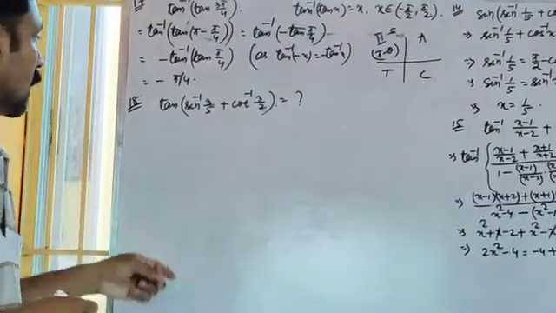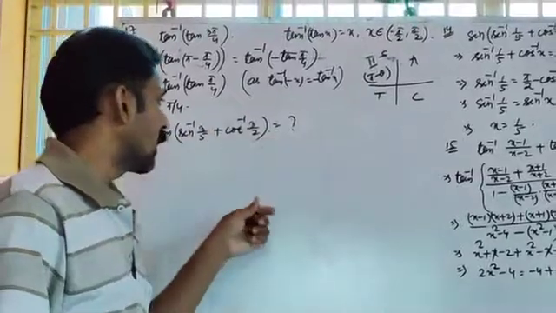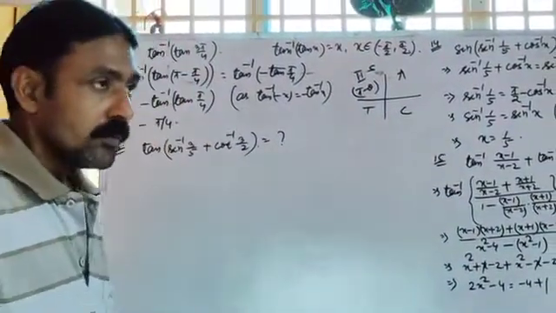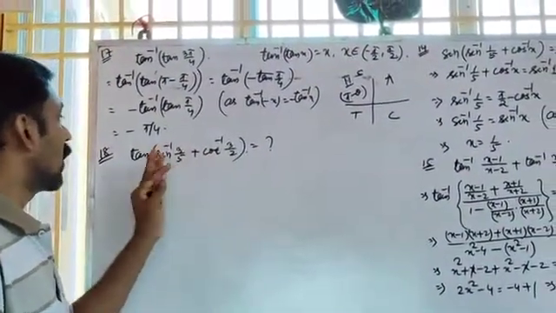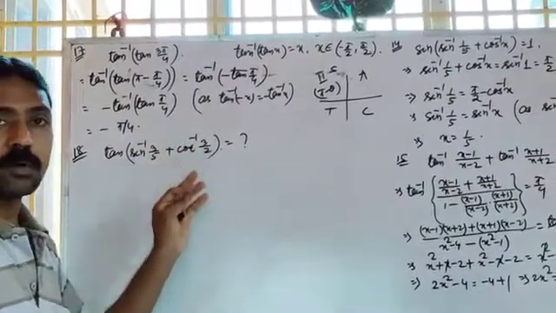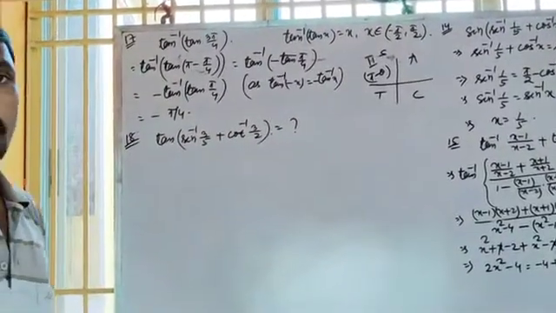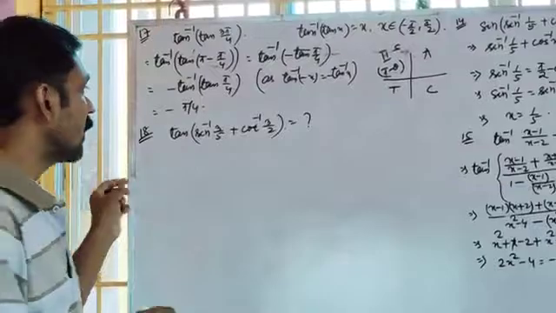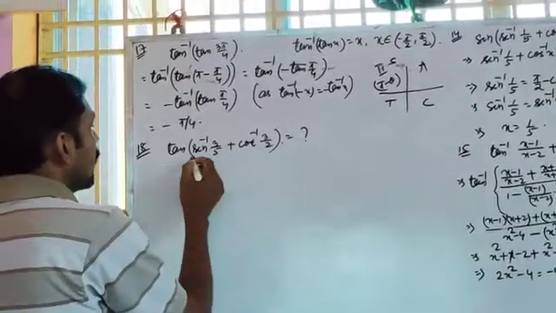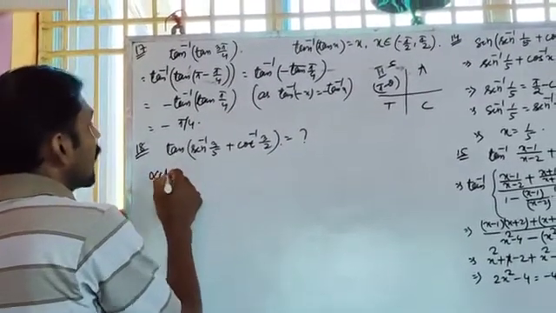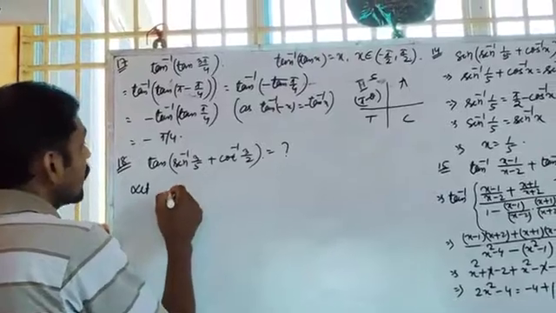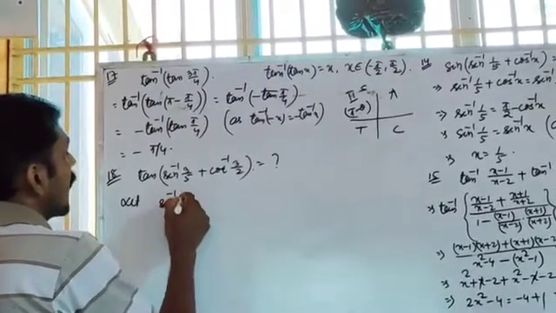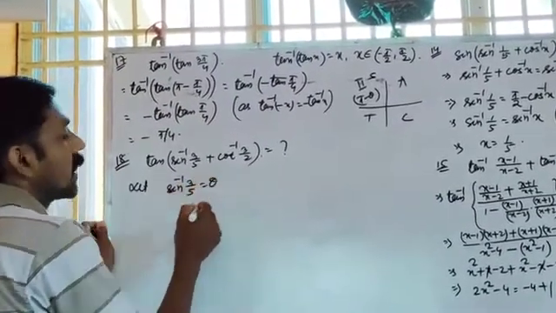So to simplify it, we have to make both terms in terms of tan inverse. So here what we write: sin inverse 3 by 5 equal to theta.